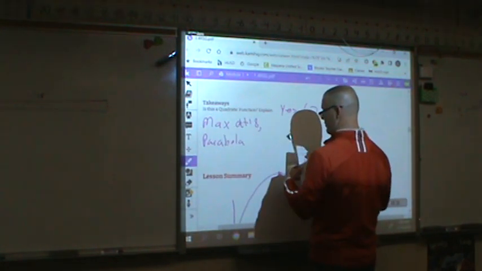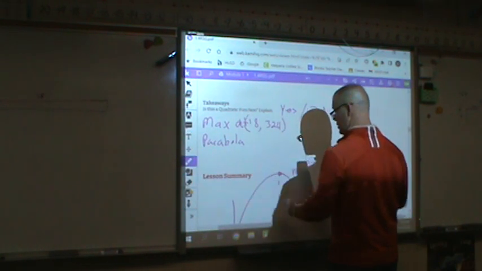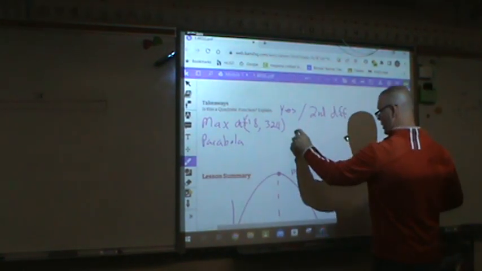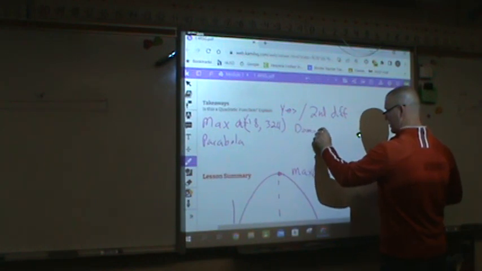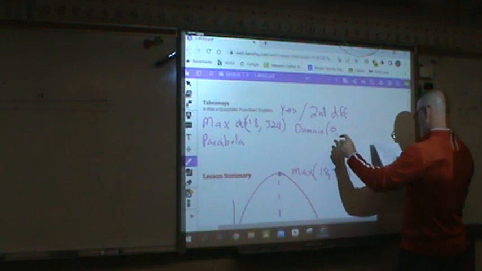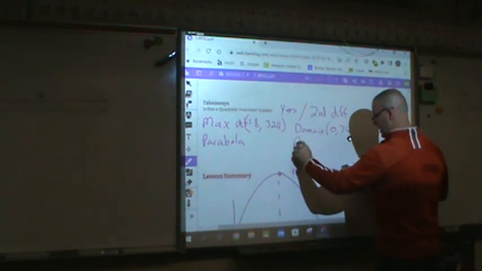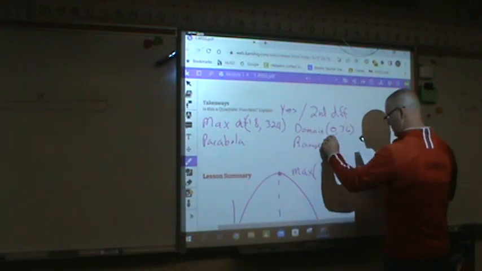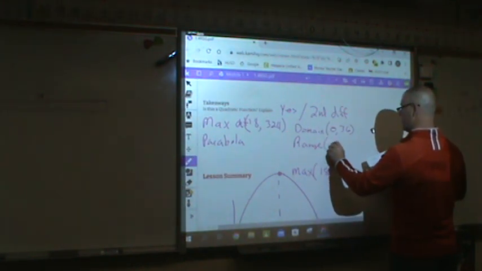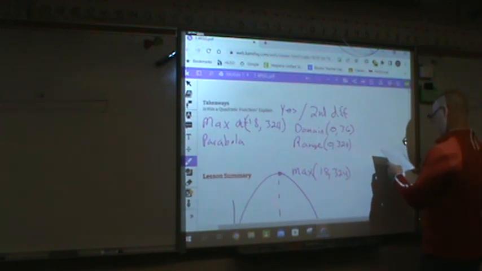I have some other stuff in my notes. Max at 18 and 324. So there's my max. The domain is 0 to 36. The range is 0 to 324. A couple other notables and we're done.